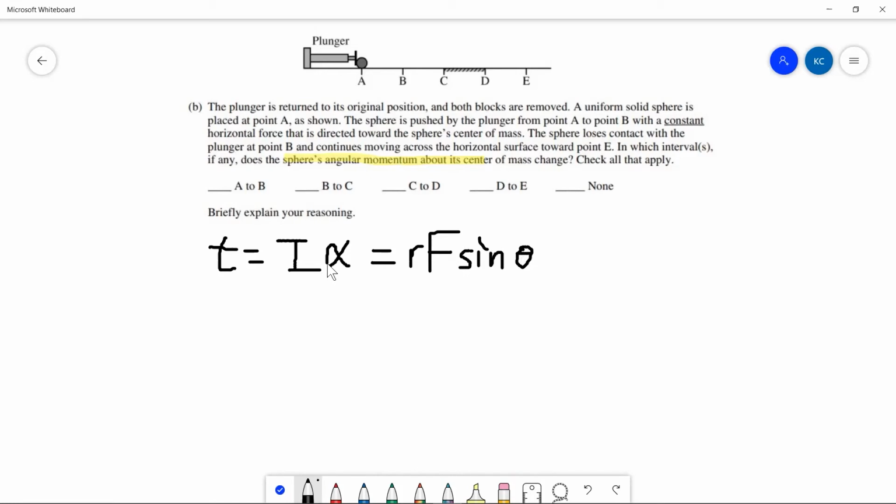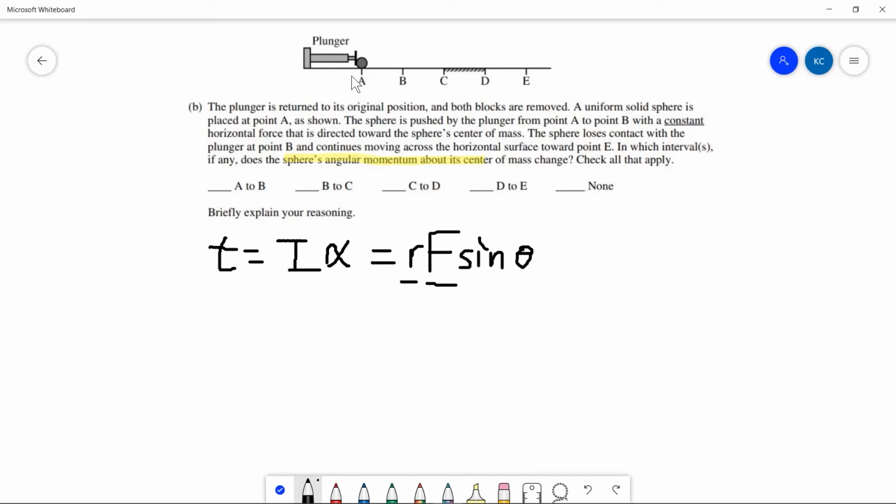So in RF sine theta, F stands for force. R is the distance from the center of mass to the contact point of the force. So let's go and see how this applies.